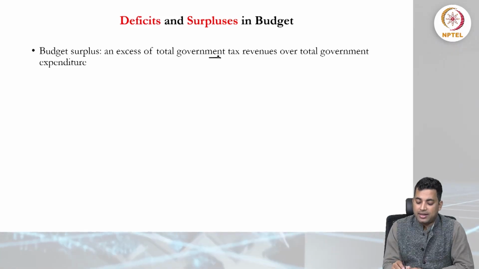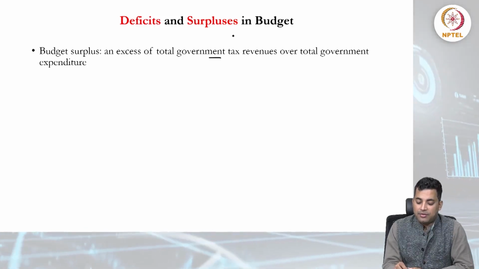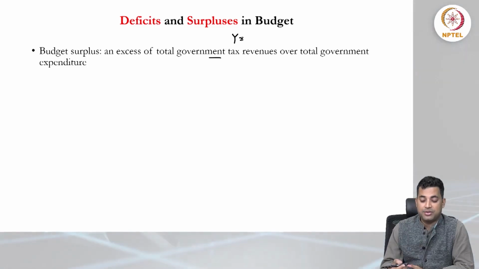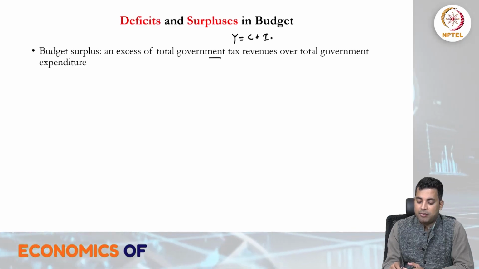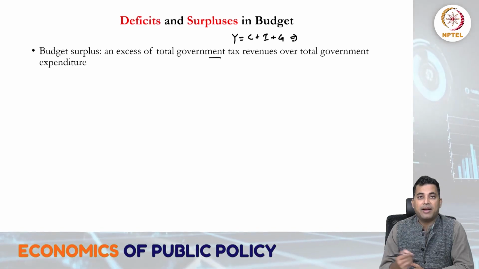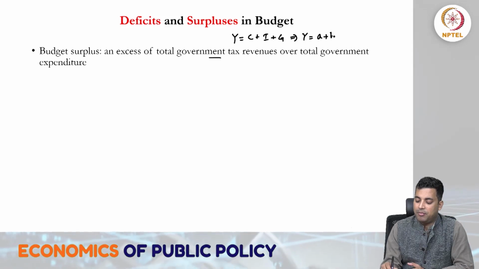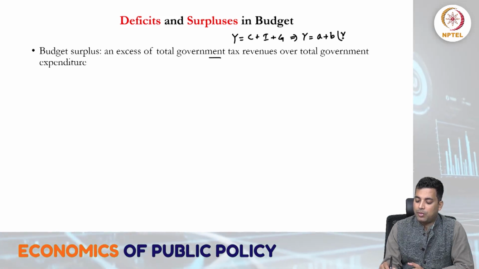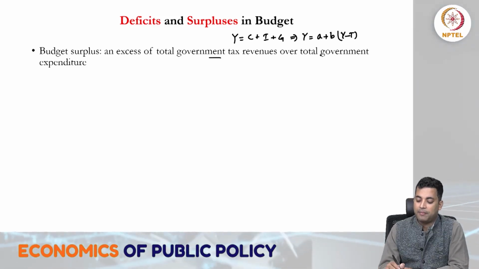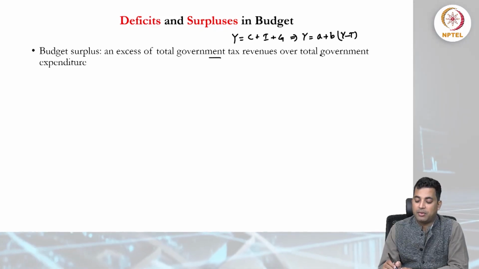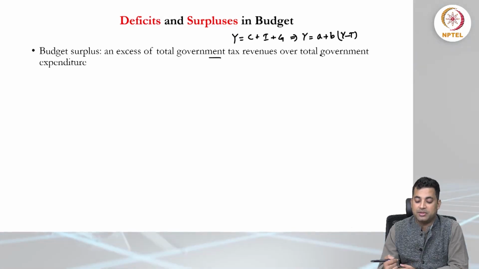If you recollect, in our last discussion we kept our equation as C plus I plus G, and then we expanded this, where C is a plus b times Y minus T, because this b is the consumption multiplier, which we defined in terms of the marginal propensity to save.